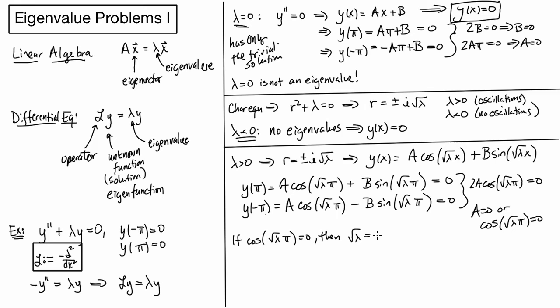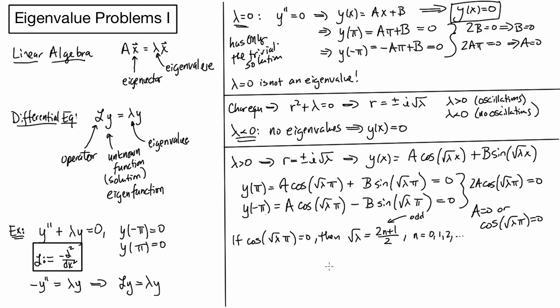So I know that this is equal to some value, I'll say 2n plus 1 over 2, where n ranges from 0 to 1, 2, and so on. In other words, this has to be odd. I need this to be an odd number on top because I need an odd multiple of 1/2 in order for cosine to be 0.